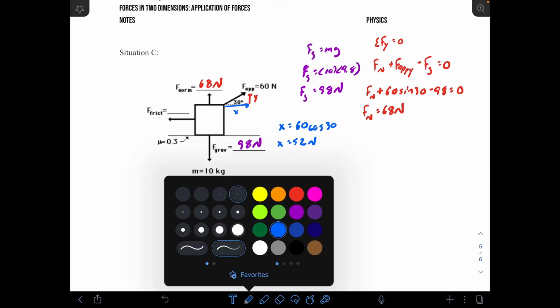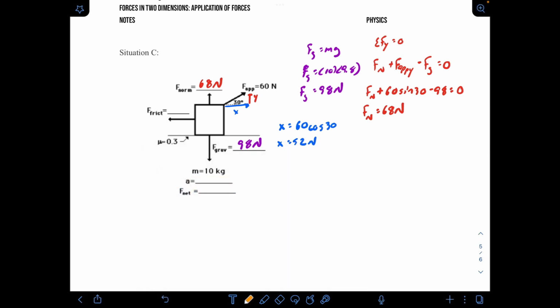The friction force, that's not given right out to me, but friction force is mu times the normal force. And good thing I already found the normal force here. So I can just get my mu, which is 0.3, multiply it by my normal force, which is 68 newtons, and get a friction force of 20.4 newtons.